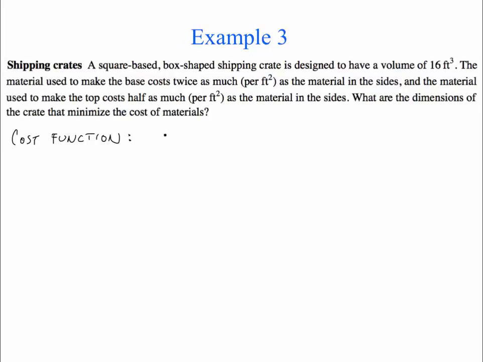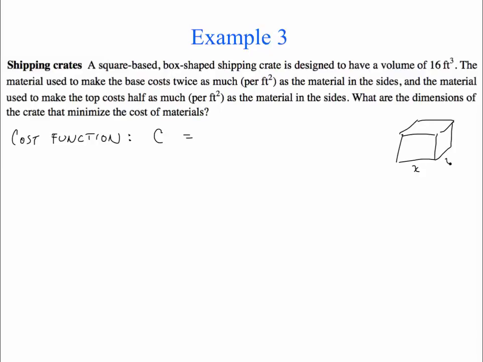So can we get something going here? Some kind of cost equation, even if it has lots of variables and it's just rough. How are we going to calculate the cost of this box? Maybe we need a picture. So what do we know about this box? Square base. What do you want to call the side of the square base?